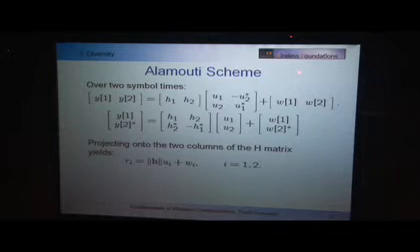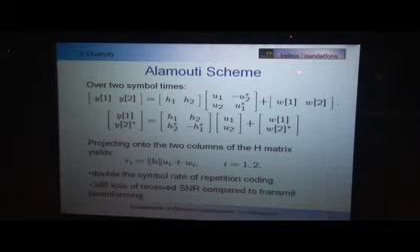For the same total power you burn, each of these symbols has half the power of the one you would have used in transmit beamforming. So I double the symbol rate, but compared to transmit beamforming, I'm still a bit off. I'm 3 dB off. So I essentially have a 3 dB loss of received SNR.